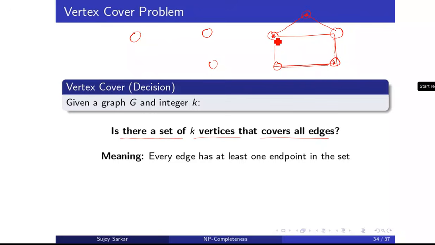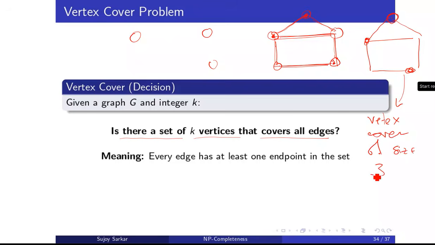If I put a person here, these two will be guarded. And if I put a person here, these two edges will be guarded. How many vertices do we need? We need 3 vertices to cover all the edges. So this is a vertex cover of size 3.